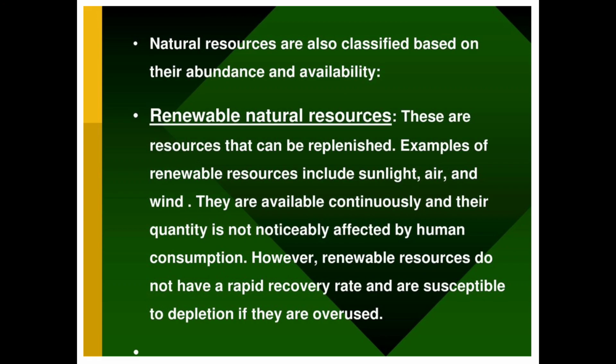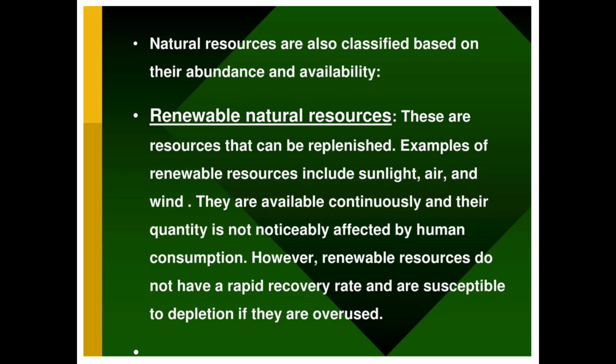Natural resources are classified based on their abundance and availability. First, renewable natural resources. Here we will study in detail about renewable natural resources. These are resources that can be replenished. Examples of these renewable resources are sunlight, air, and wind. We can feel these.